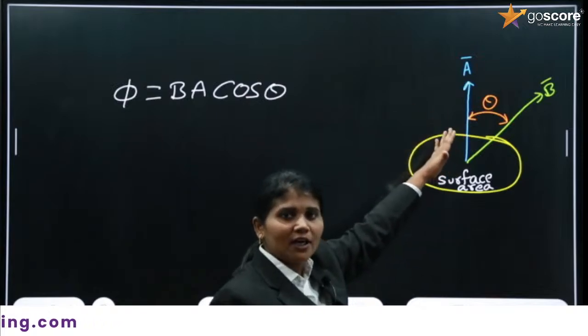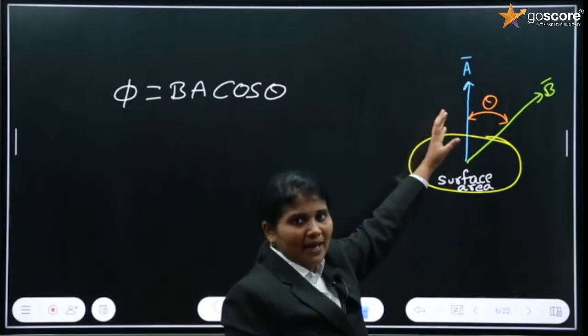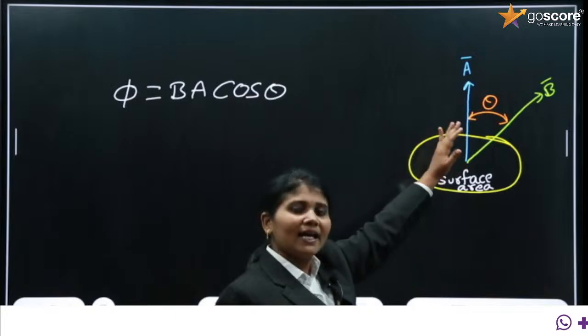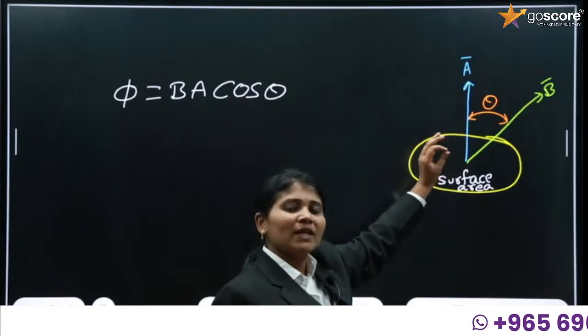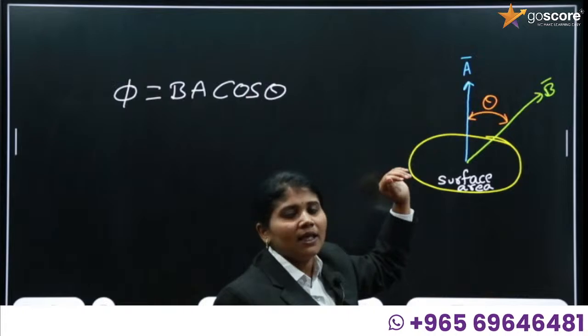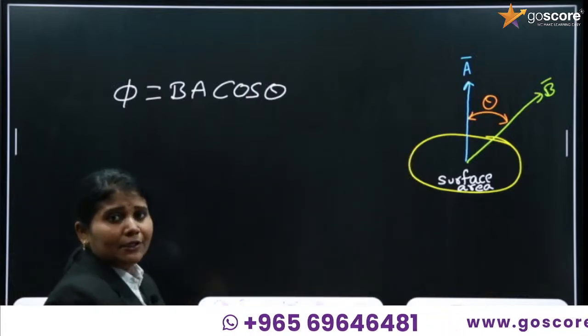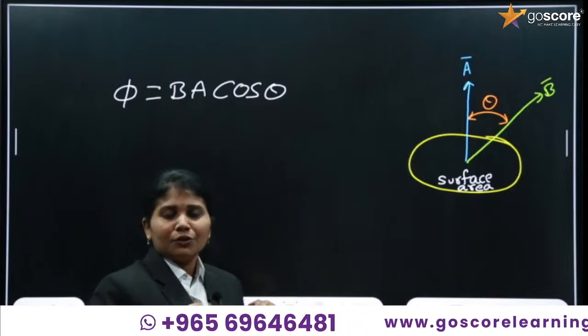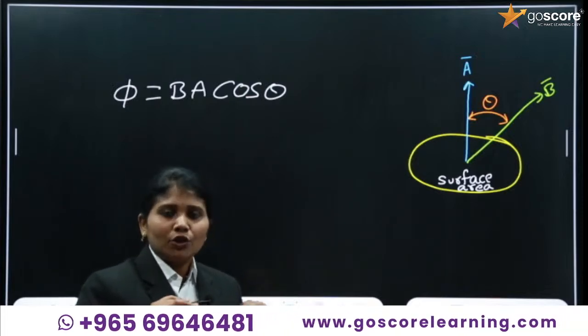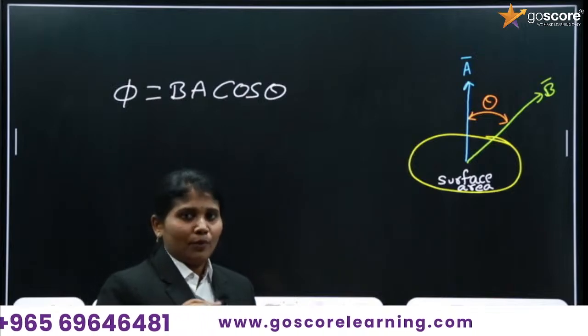In between the area vector and magnetic field, some angle is produced, which I consider as theta. Then phi is equal to BA cos theta. It is a dot product.